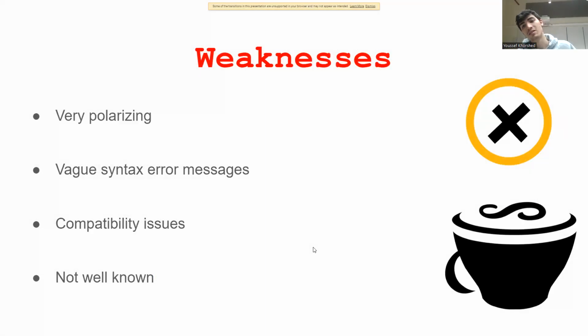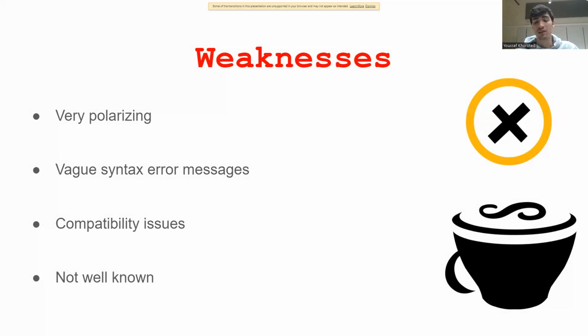Okay, some of the weaknesses of CoffeeScript is that it's very polarizing, meaning people usually really like it or really hate it, depending on how good they are in Ruby, Python, and Haskell. They have really vague syntax error messages when compilation errors occur.